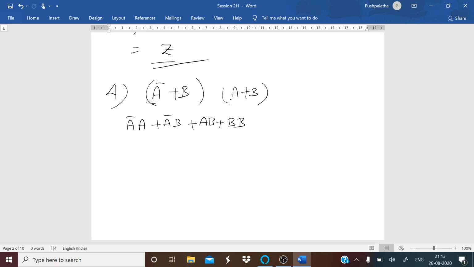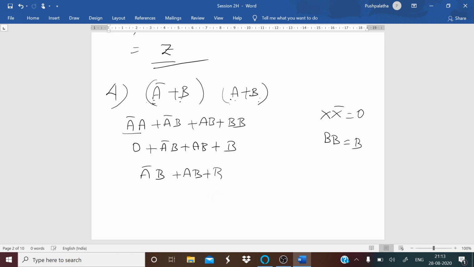Now a into a bar, according to the complementary law, x into x bar is equal to 0. Similarly, this becomes 0 plus a bar b plus ab plus b, because b into b equals b. So this becomes a bar b plus ab plus b.